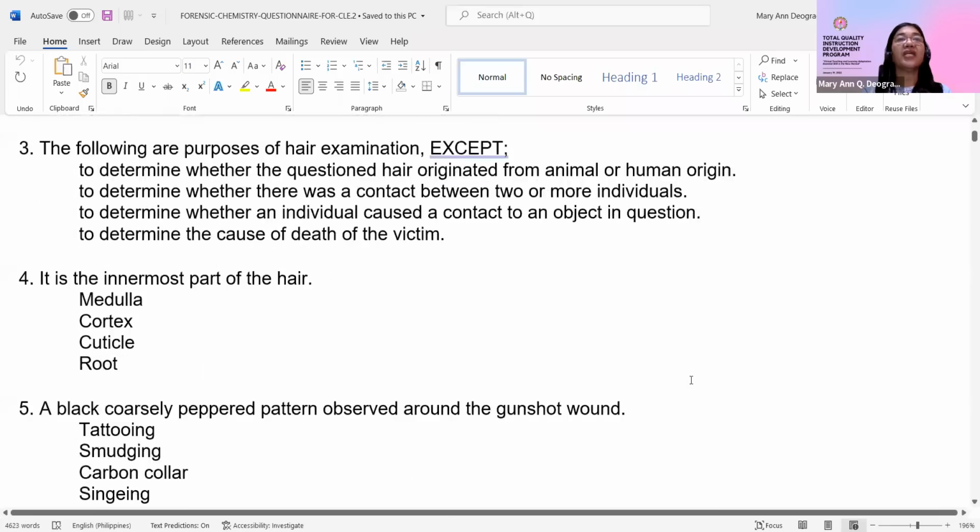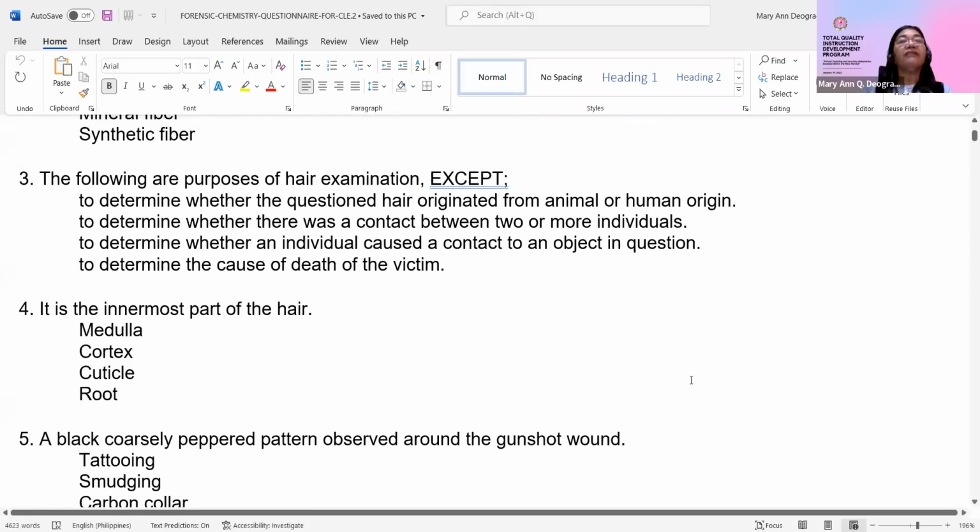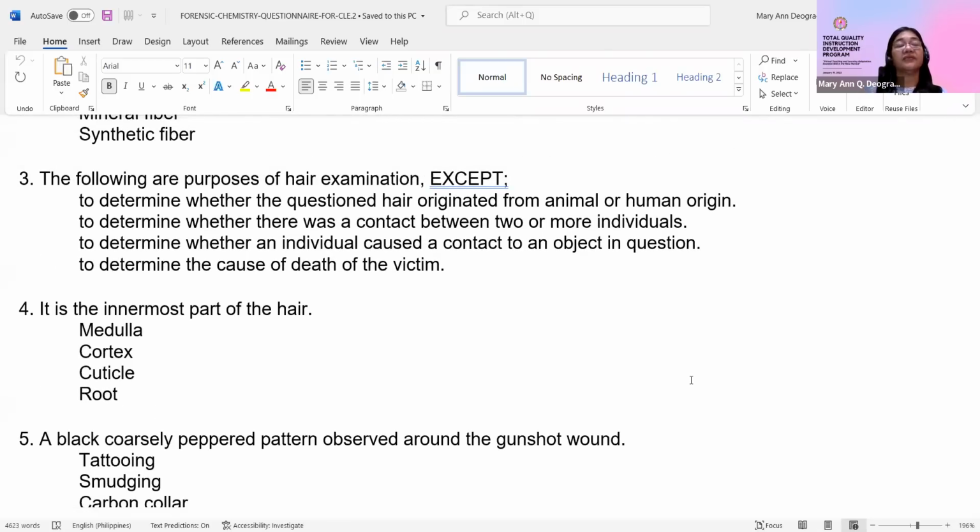Then number 3, okay. The following are purposes of hair examination, except. First, letter A, to determine whether the questioned hair originated from animal or human hair. Okay.